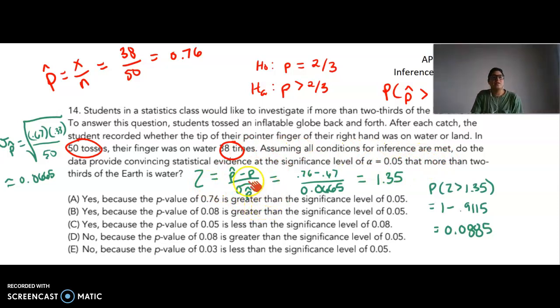All right, so first thing, we're looking for N and P. N looks like 50, and nothing about P, so I have to convert my proportion here. Of those 50, 38 were successes, so my sample proportion is 0.76.